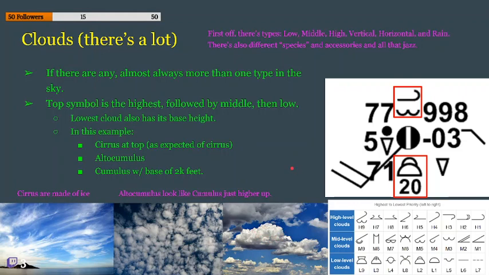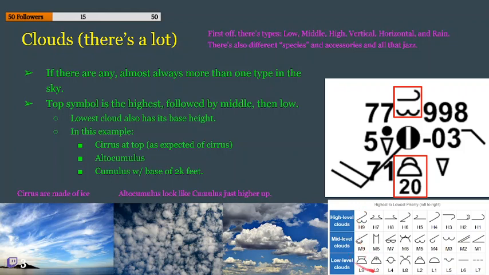The NWS does have different signs for different clouds, and they do come with priority. So cirrus is one of your lowest priority clouds, among the high level clouds.